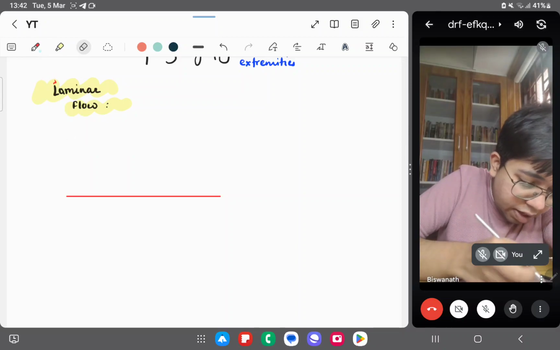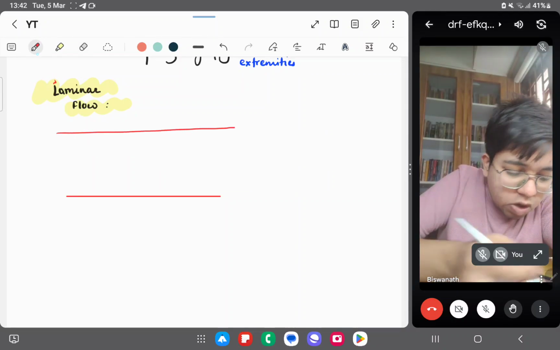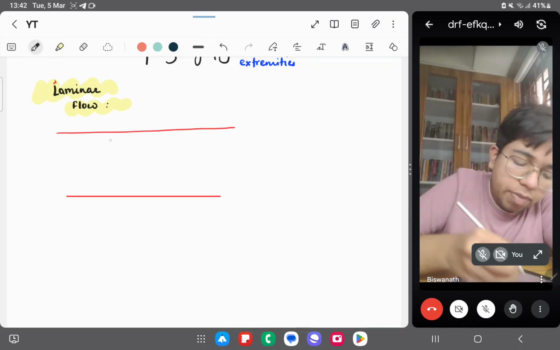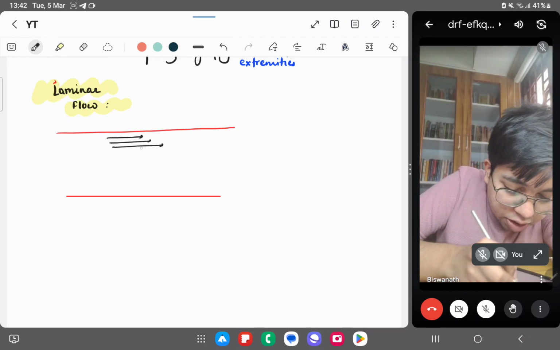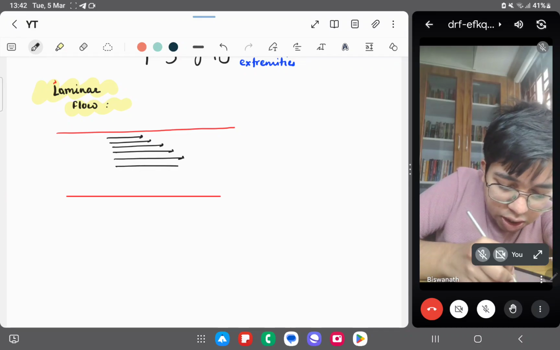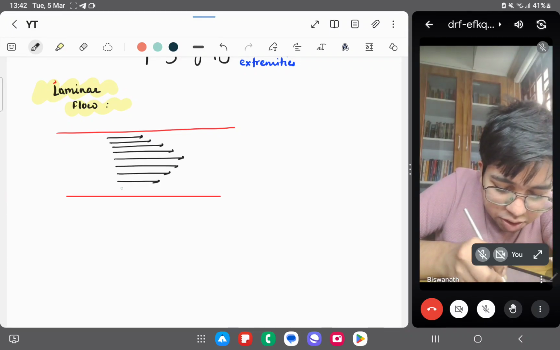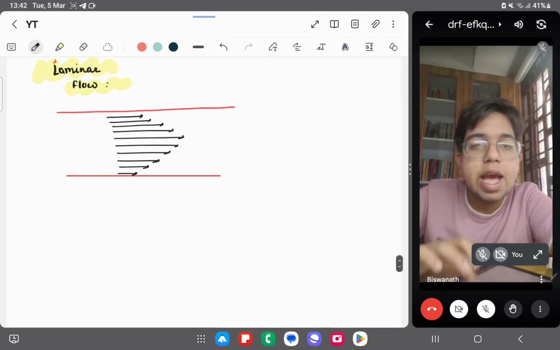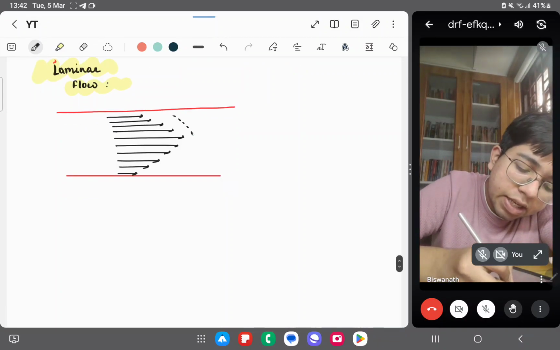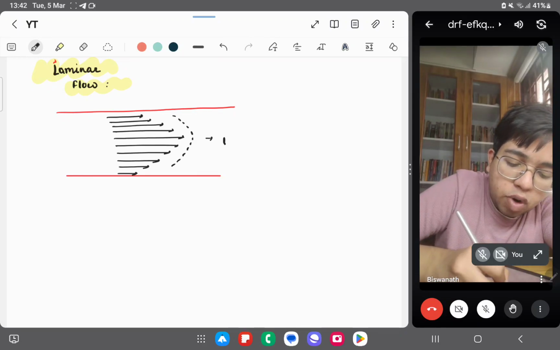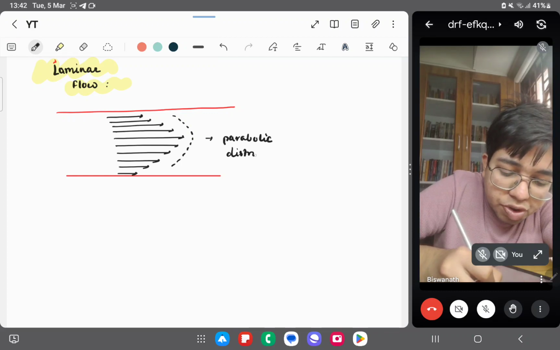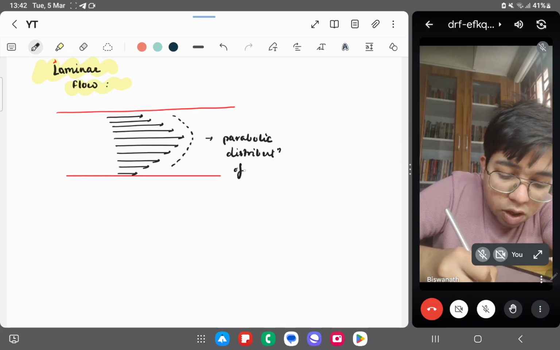In laminar flow, the blood flows in a particular parallel fashion, and you can say this is the shape of a parabola, a parabolic distribution of velocities.